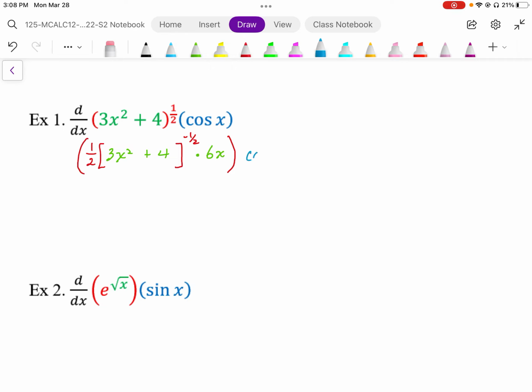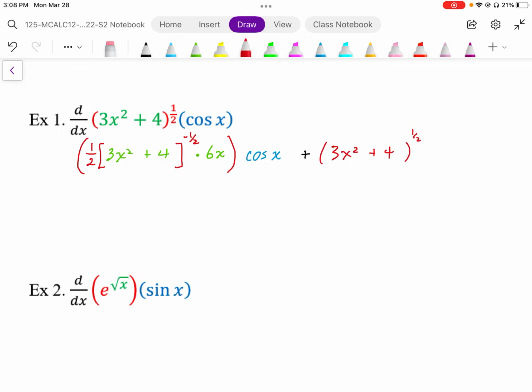And then I'm going to multiply by cosine of x. So that's the first part of the product rule, plus I'm now going to leave the first part undifferentiated. So it's just going to be 1/2 (3x squared plus 4).